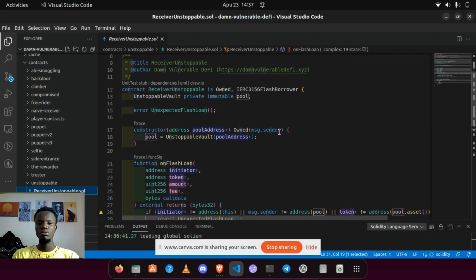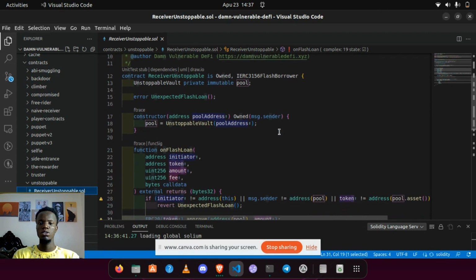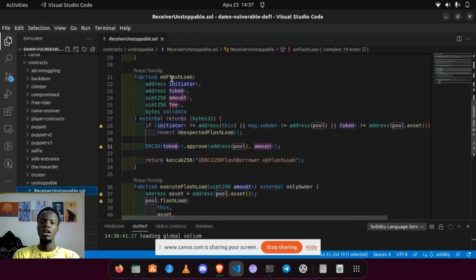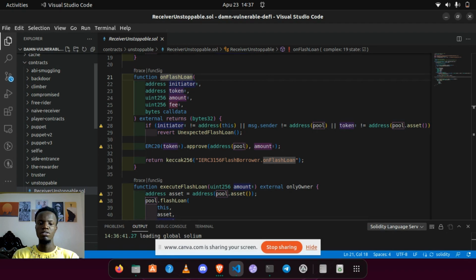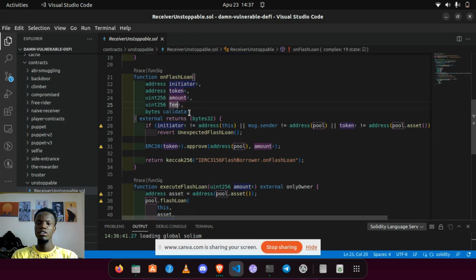This contract introduces two functions: onFlashLoan and executeFlashLoan. onFlashLoan is called by the Unstoppable vault contract to initiate the flash loan, and it also checks if the initiator, the token, the amount, and the fee are valid to approve the flash loan to be executed.